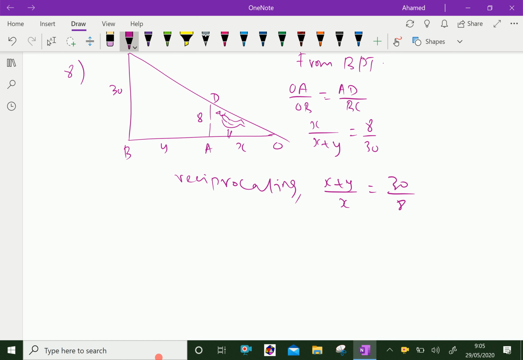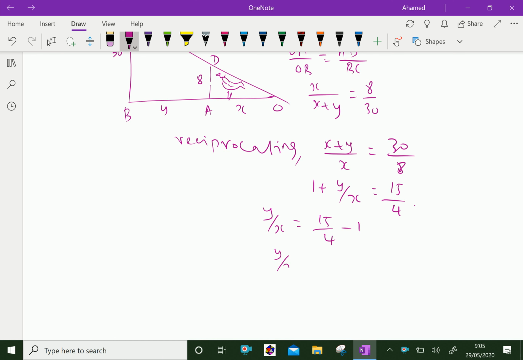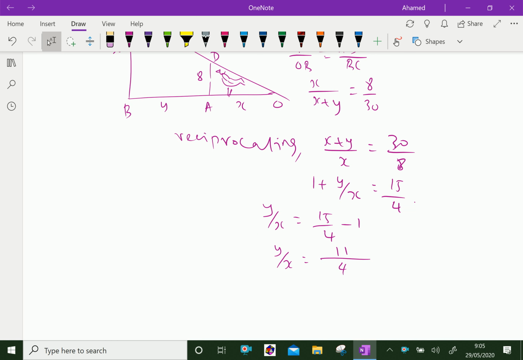So distribute x for both, x by x is 1, y over x equal 30 over 8 is 15 over 4. y over x equal 15 over 4 minus 1. 4 is the LCM, 15 minus 4 is 11. Therefore, x is nothing but the reciprocal, 4 over 11 y.